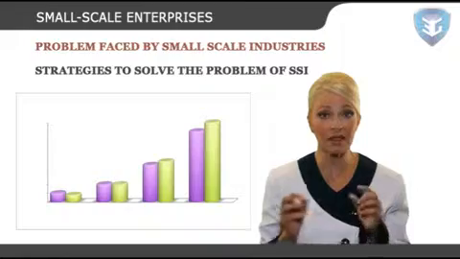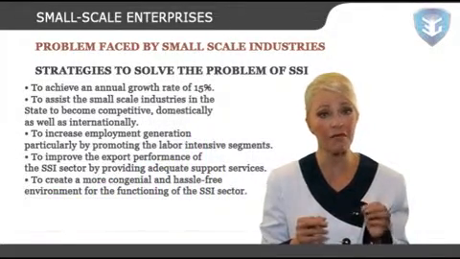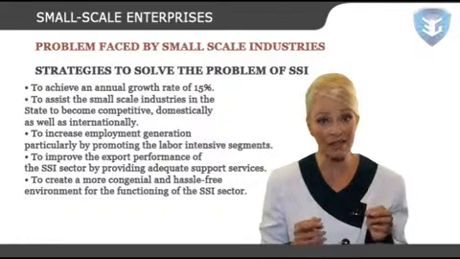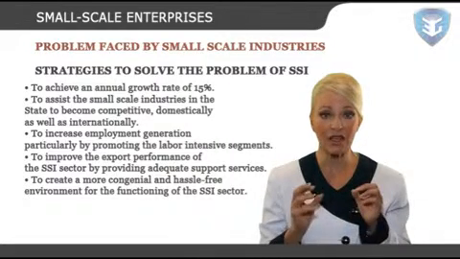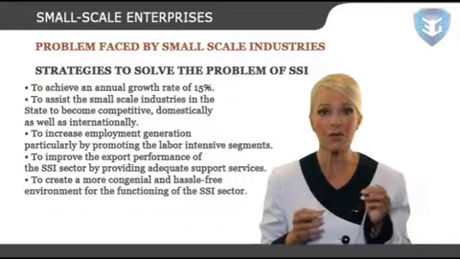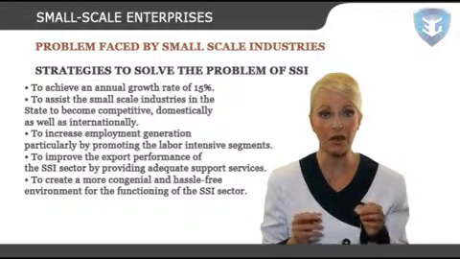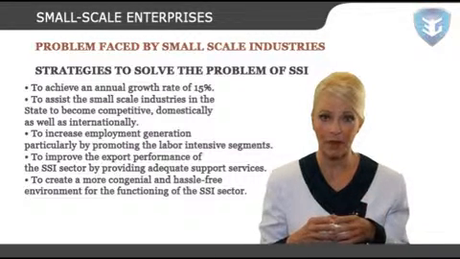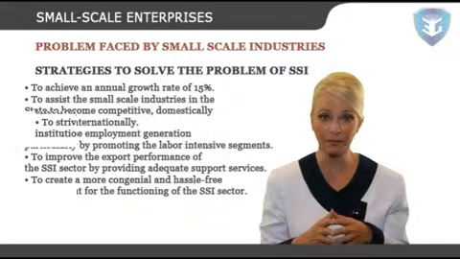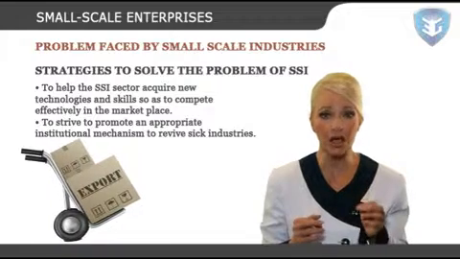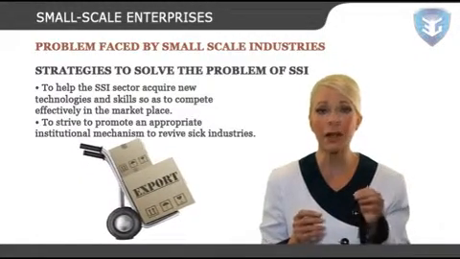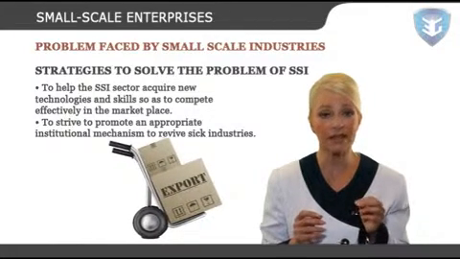The broad policy objectives are to achieve an annual growth rate of 15%, to assist the small-scale industries in the state to become competitive domestically as well as internationally, to increase employment generation, particularly by promoting the labor-intensive segments, to improve the export performance of the SSI sector by providing adequate support services, to create a more congenial and hassle-free environment for the functioning of the SSI sector, to help the SSI sector acquire new technologies and skills so as to compete effectively in the marketplace, and to strive to promote an appropriate institutional mechanism to revive sick industries.